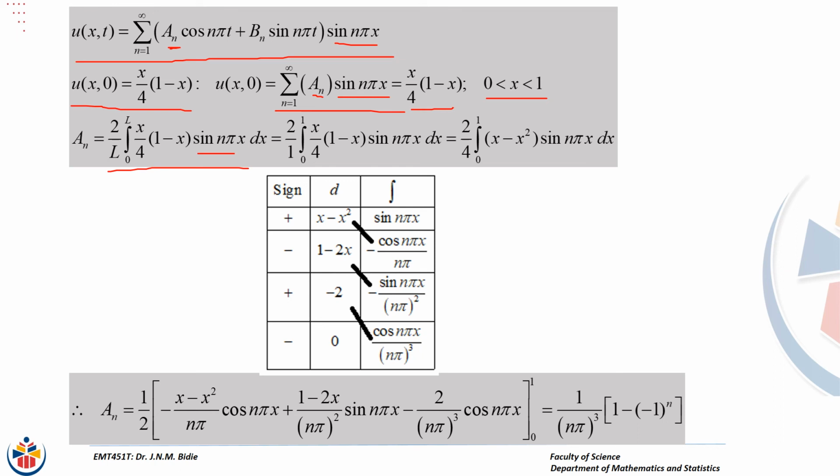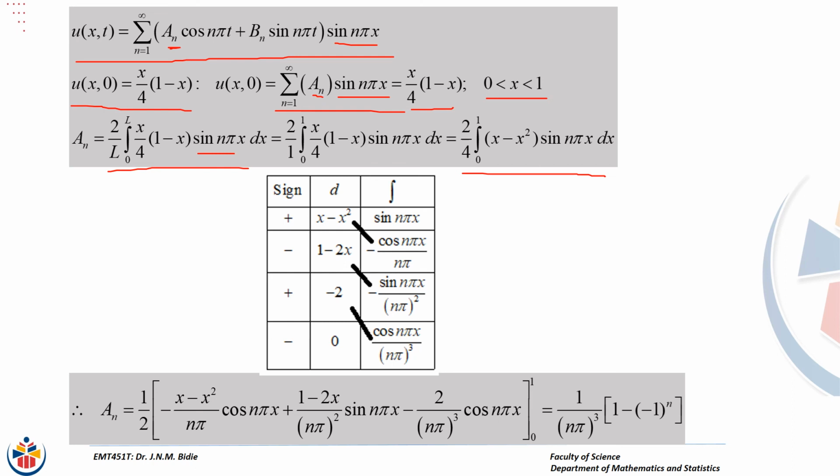The challenge we have here is that we have two functions of x under the integral sign. Let's first substitute the value for L, which is 1. So that means we have 2 over 4, as I've simplified it on the last term. Under the integral sign, we multiply in our x. So we have x minus x squared inside the bracket, and then we have that sine n pi x dx. Now here comes the integration by parts.